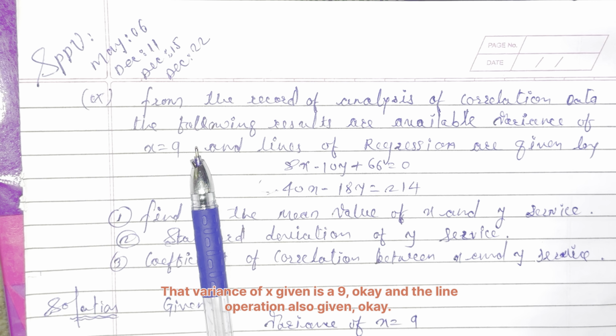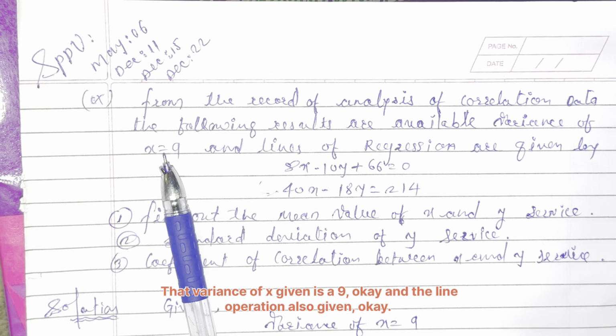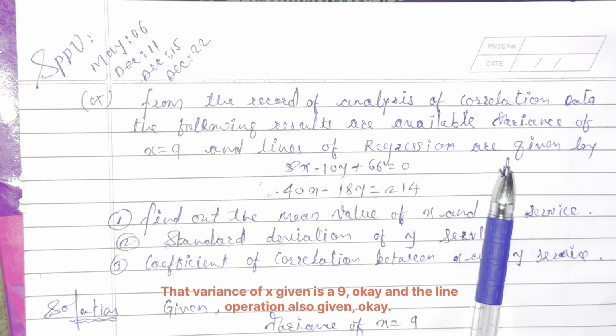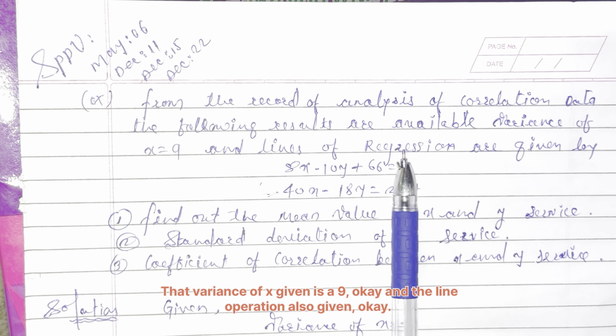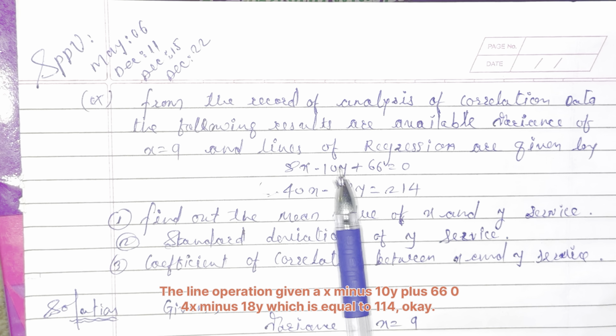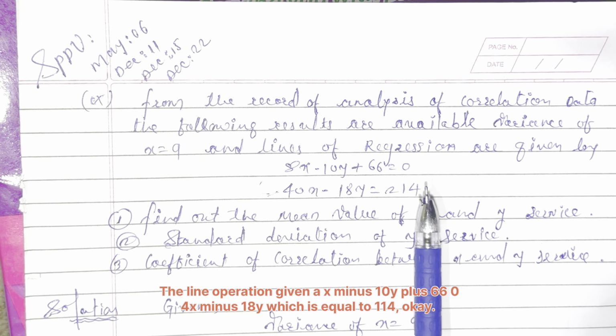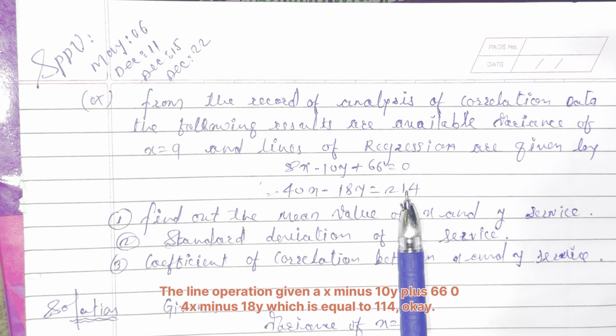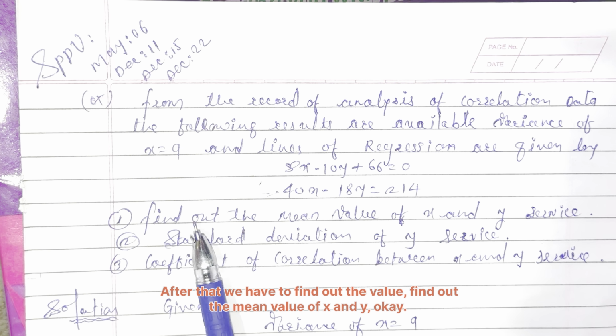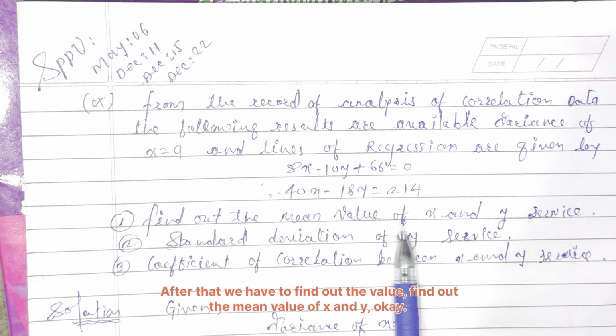The variance of x given is 9. The lines of regression are also given: 8x minus 10y plus 66 equals 0, and 40x minus 18y equals 214.